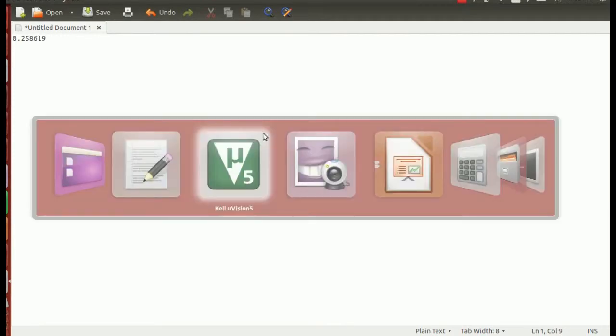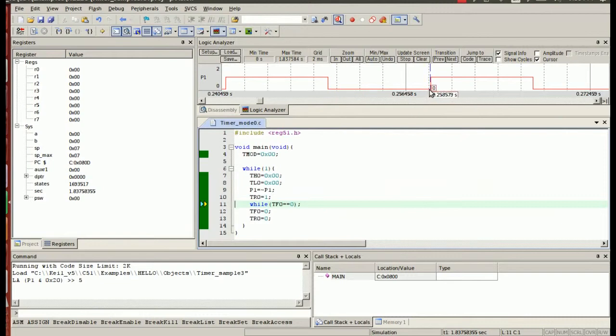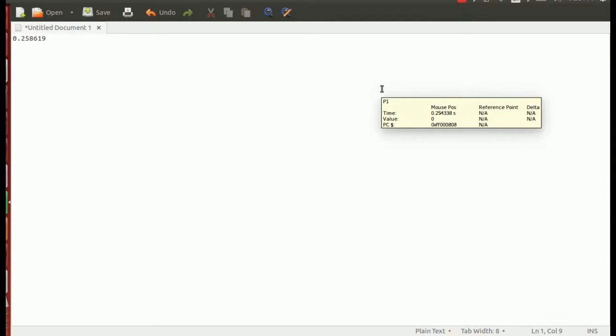Okay, and the transition from high to low happens at 0.267499 second.